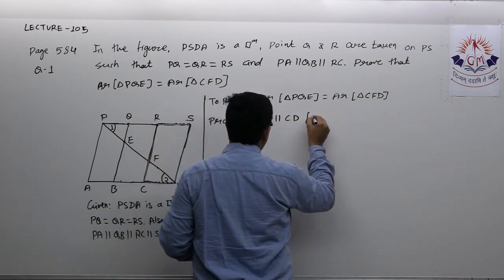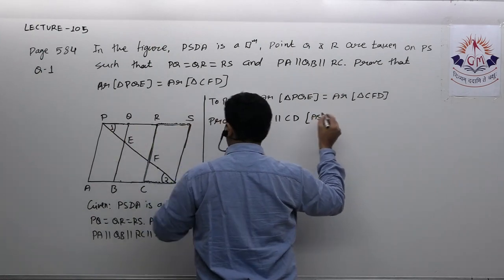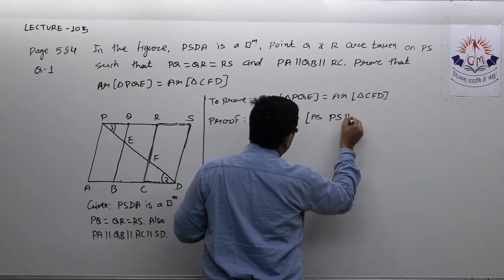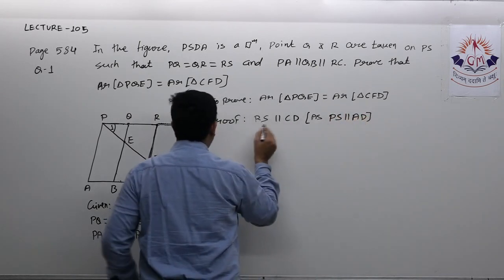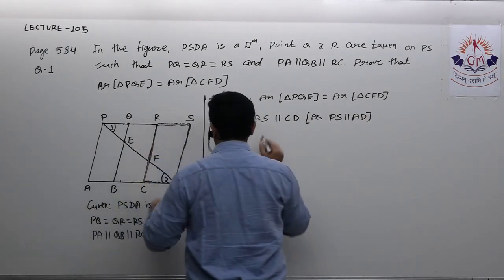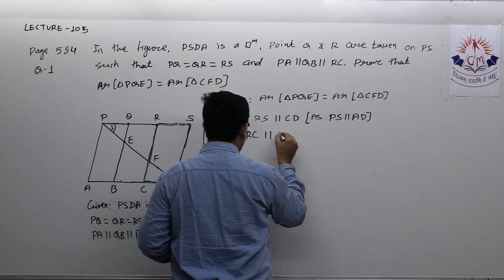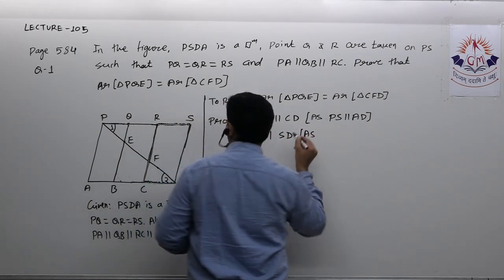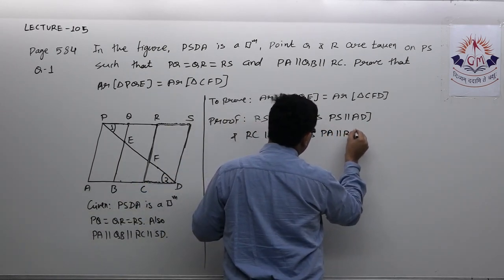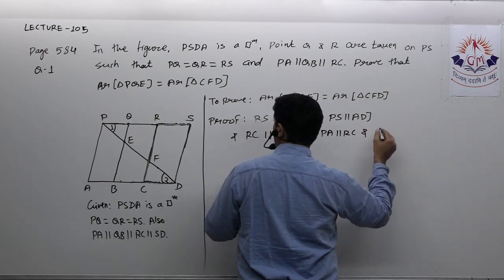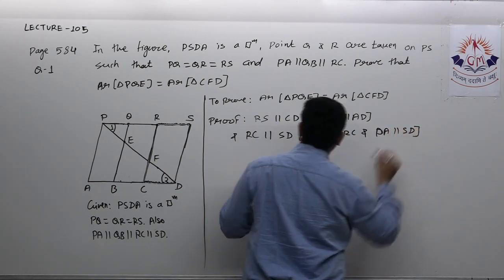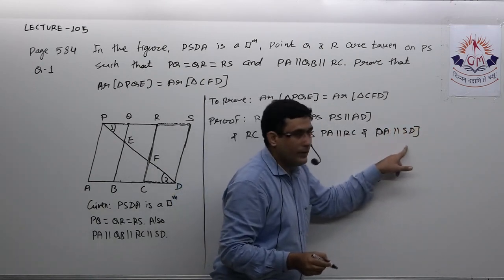Reason we can write as PS parallel AD, RS parallel CD, and RC parallel SD as PA parallel RC and PA parallel SD.